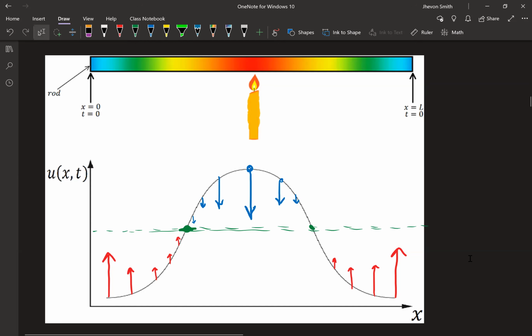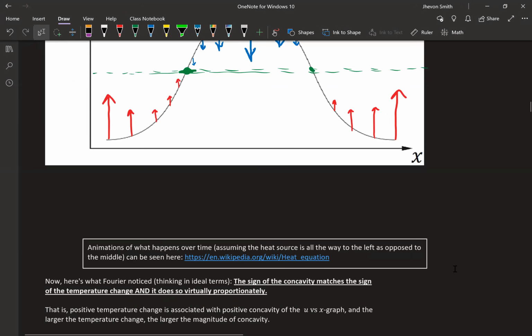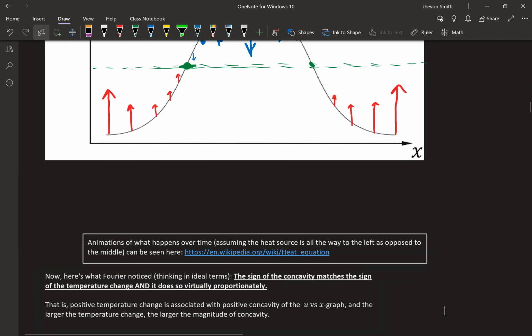And this is what Fourier would realize would happen over time. So here's another ideal assumption. Fourier, who was studying this, decided to look at the concavity. Now here's something interesting that you would notice about the concavity of this graph.